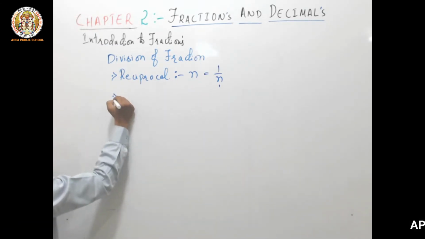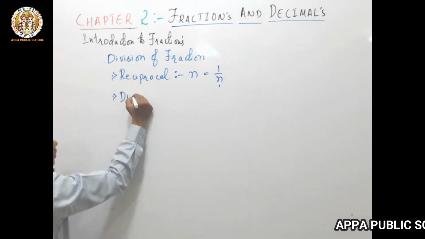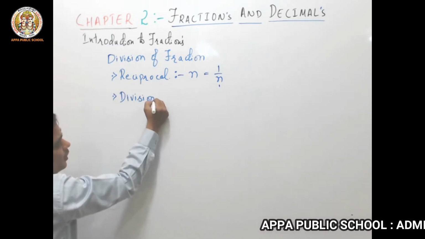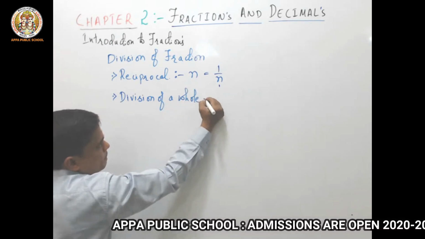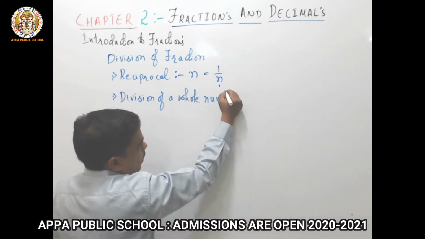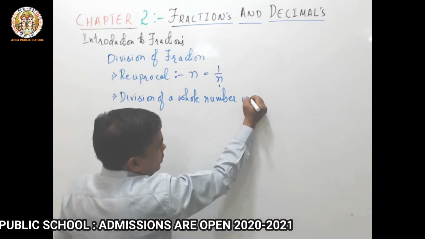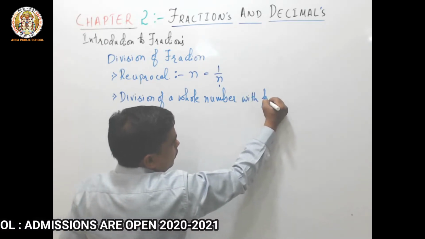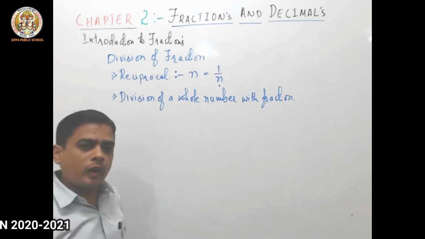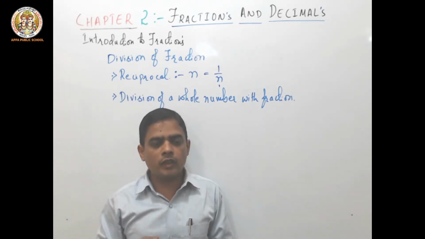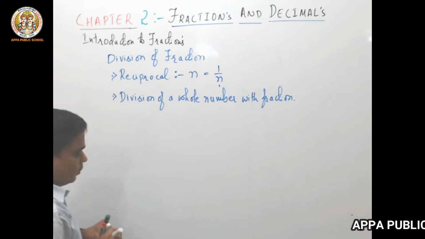So under that first one, division of a whole number with a fraction. Division of a whole number with a fraction, or else you can take division of a fraction with a whole number, anyone.